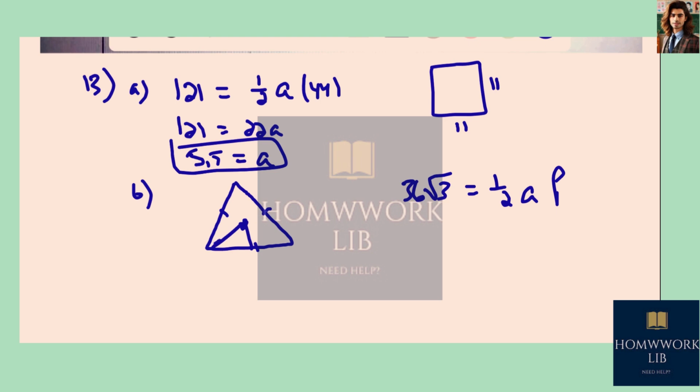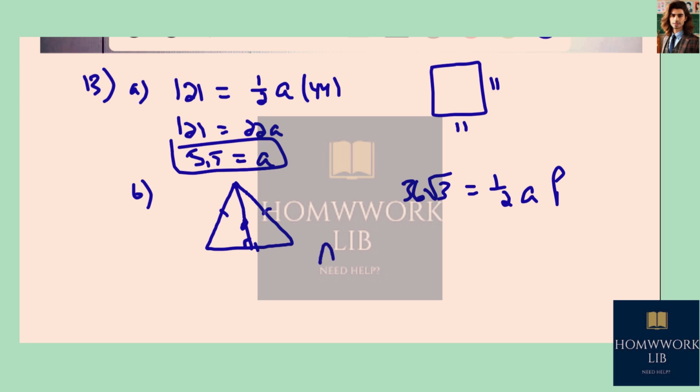We can figure out a part of its perimeter. It's also part of a 30, 60, 90 triangle. So we would want to, well, let's see here.